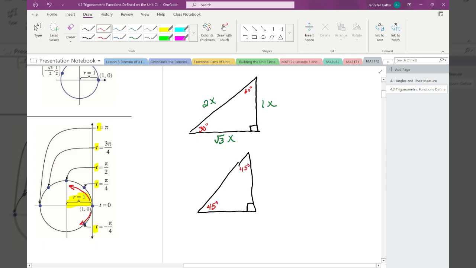And if you recall from that, the legs were each 1, and the hypotenuse was the square root of 2. So when you learned about these special right triangles, this is going to be the core and the foundation of building our unit circle.